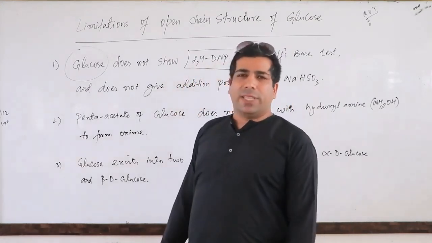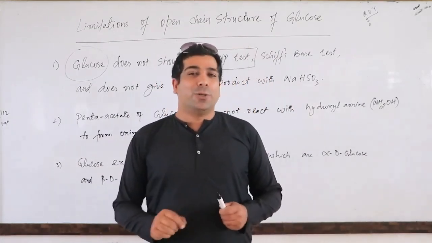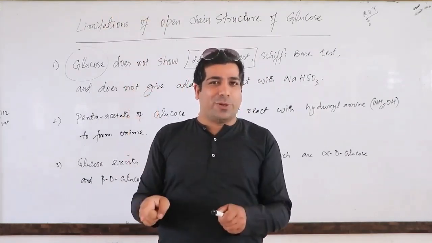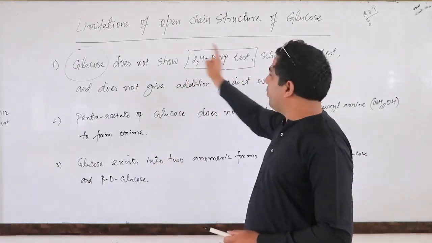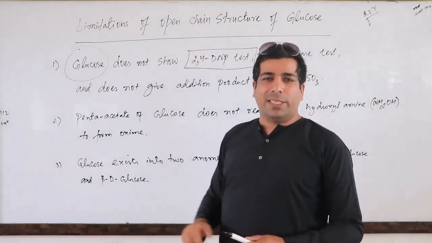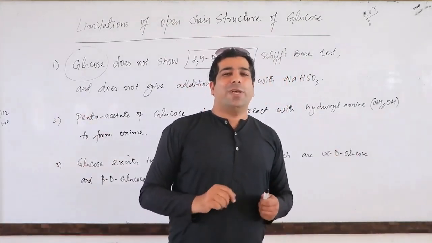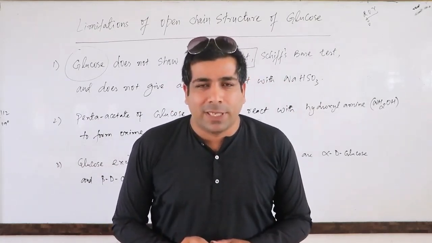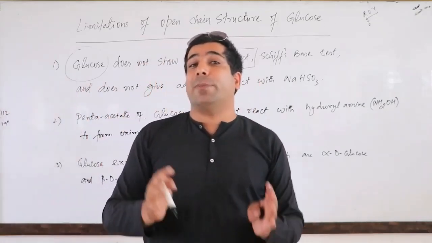Remember, 2,4-dinitrophenylhydrazine reacts with aldehyde. Last time I showed you that the open chain structure of glucose has a free aldehyde group. So it should react with glucose, but it does not. What is the reason? The reason is that the open chain structure changes into the cyclic structure. Cyclization happens.